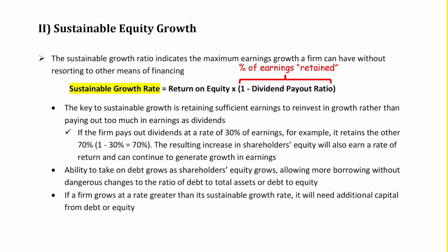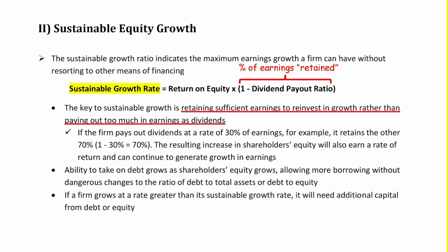So the key to sustainable growth is, underline, retaining sufficient earnings to reinvest in growth rather than paying out too much earnings as dividends. For example, if the firm pays out dividends at the rate of 30% of earnings, it retains the other 70%.